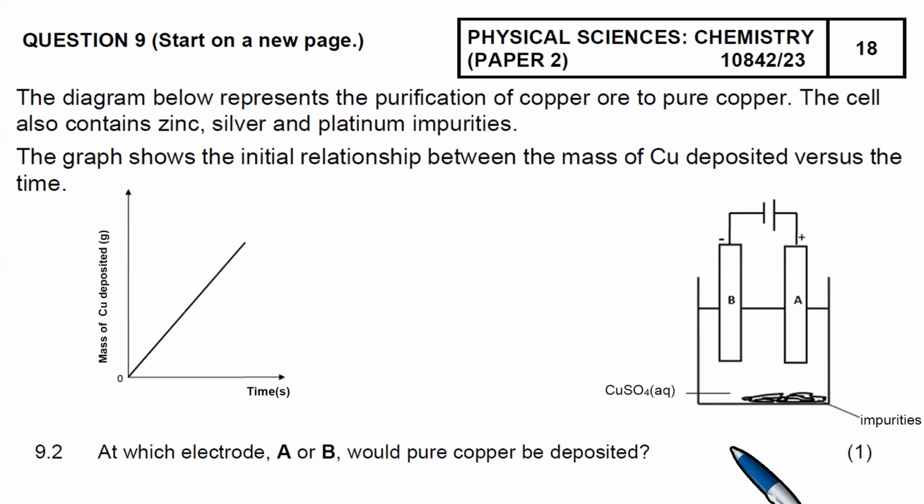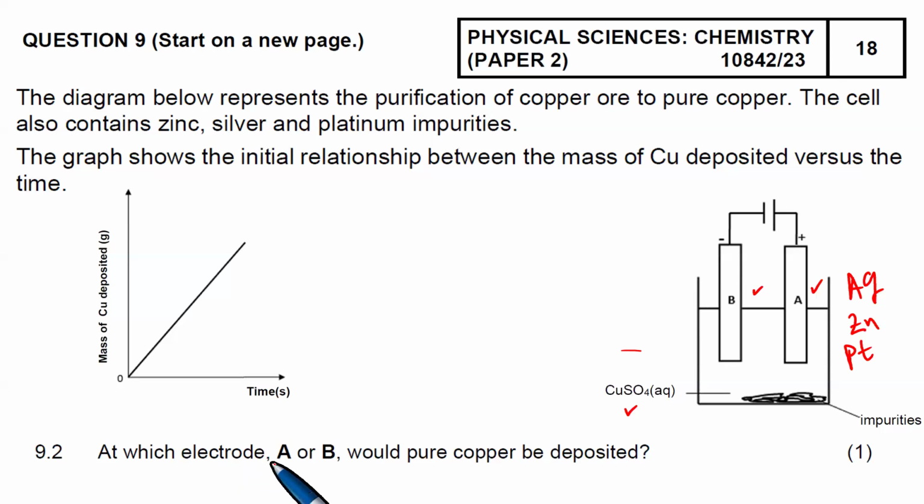At which electrode, A or B, would pure copper be deposited? Remember, the solution here is copper sulfate, and then we have the impurities. These impurities have in them silver, zinc, and platinum, Pt.